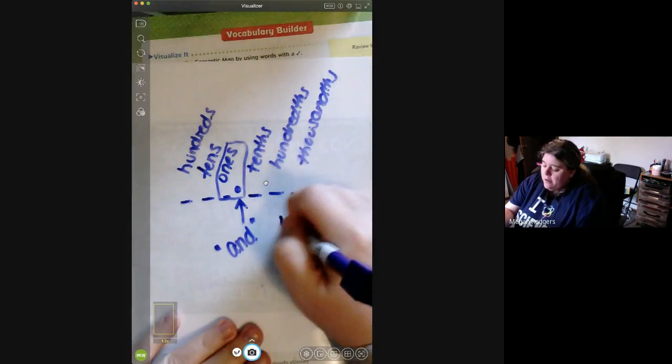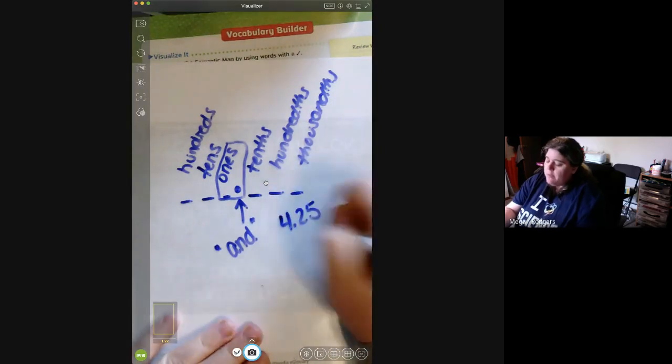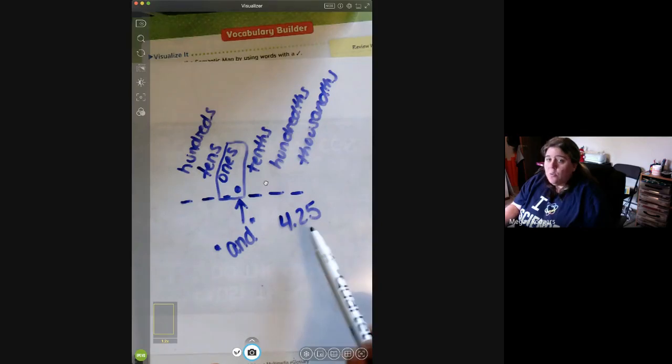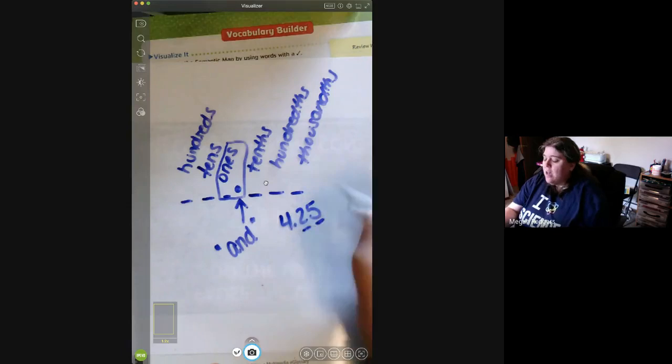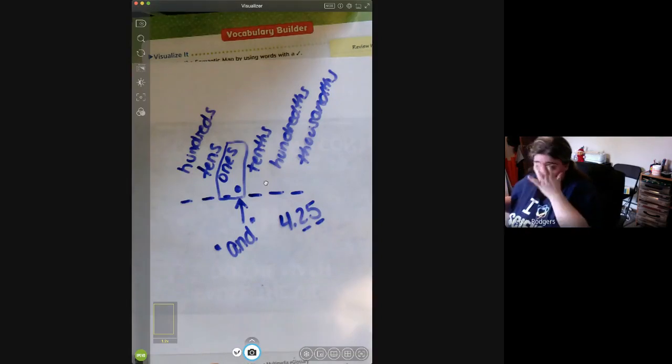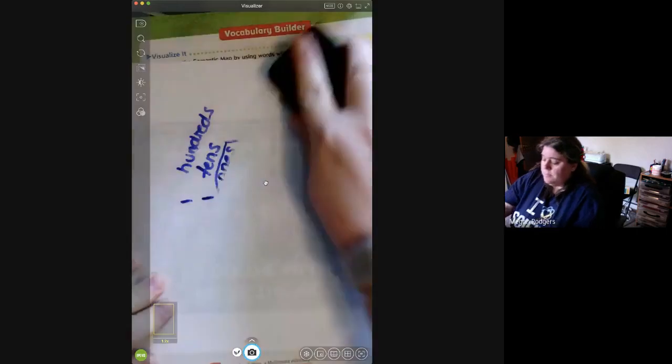So if I had 4.25, the correct way to say that would be 4 and 25 hundredths, because my 5 is in the hundredths place. So we'll try to remember that as we go through this and see if we can make some sense out of this.